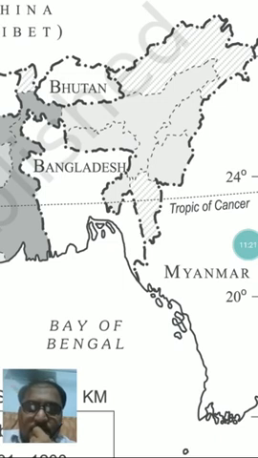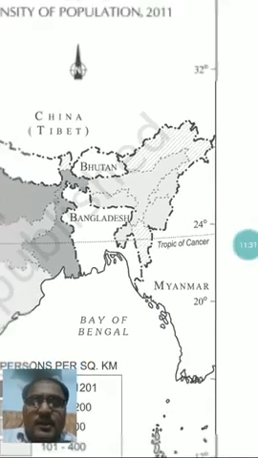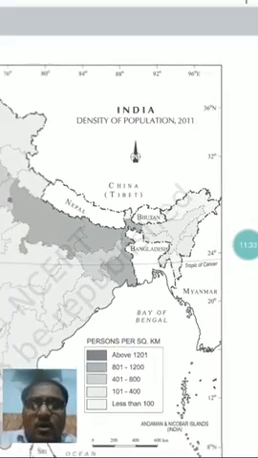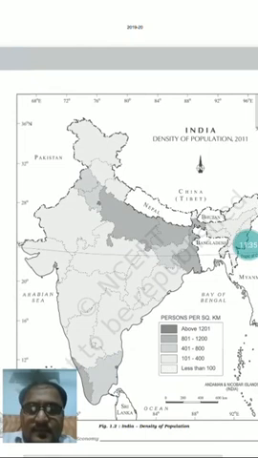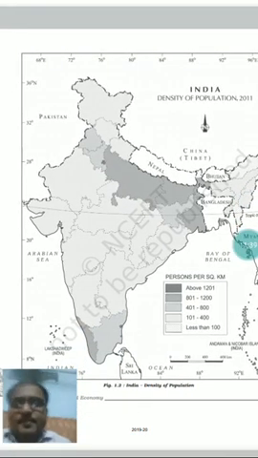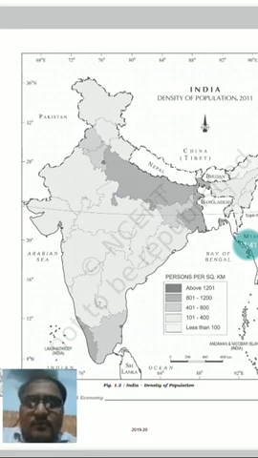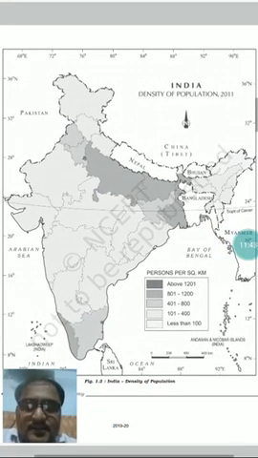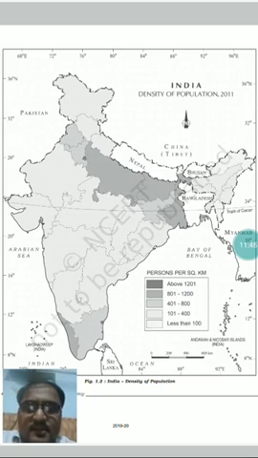Let's see it here. It is Sikkim also. These three states, Sikkim, Arunachal Pradesh and Mizoram, have a population density of less than 100 persons per square kilometer among all the states of India. Just exclude UTs over here. Among the 28 Indian states, these three states have a population density of less than 100 persons per square kilometer.